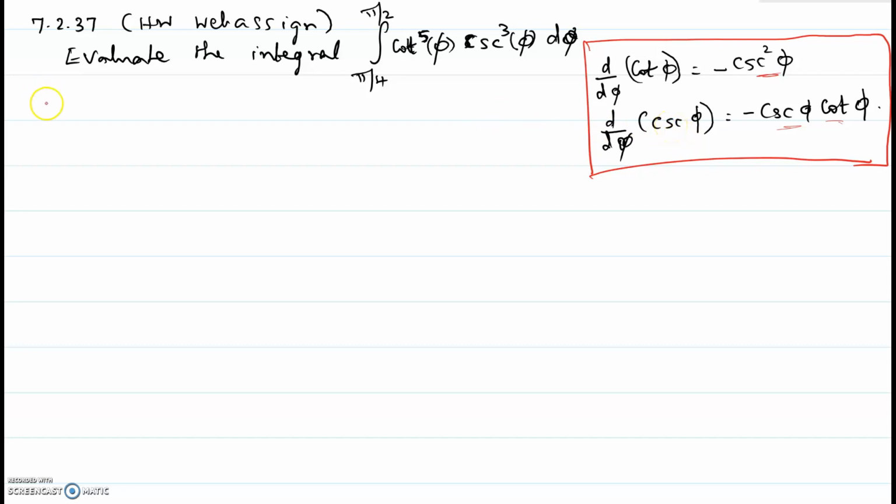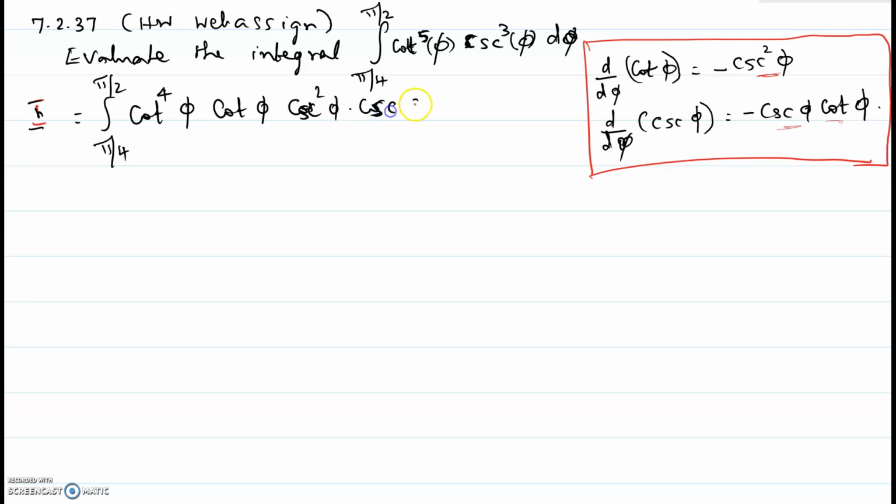Okay, so we are going to write the given integral as I equal to the integral from pi by 4 through pi by 2 of cotangent to the power 4 phi, cotangent phi to make it up to 5, then cosecant square phi times cosecant phi d phi.